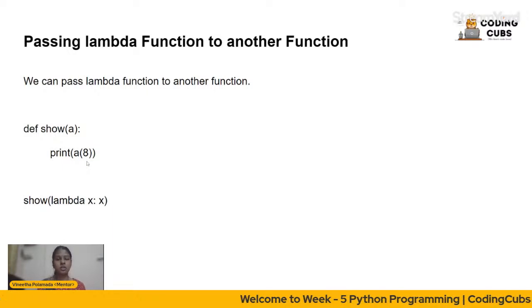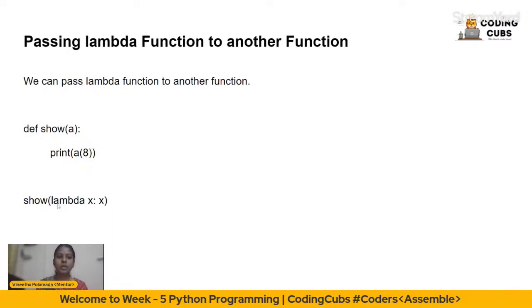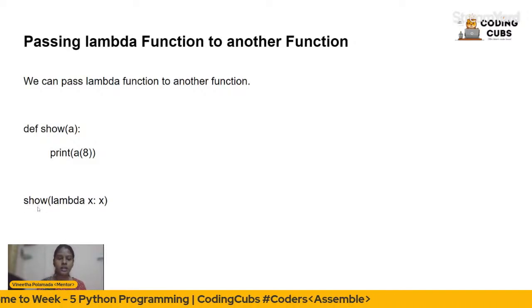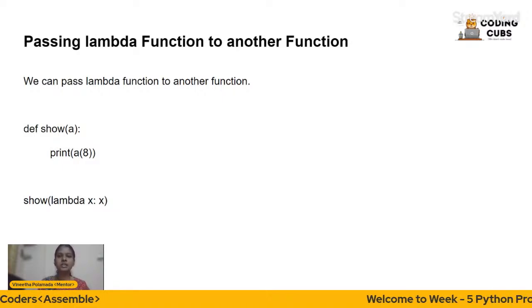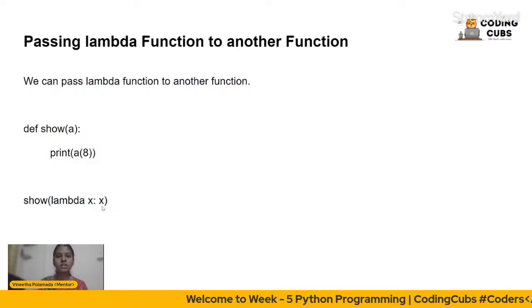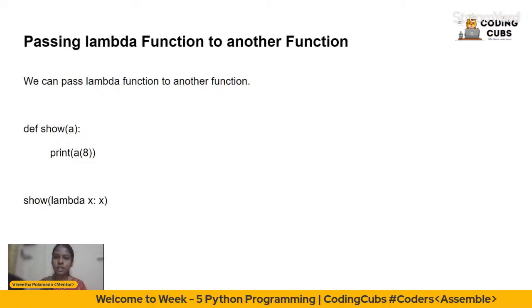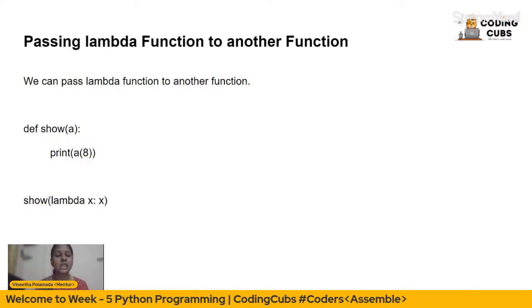What is it supposed to do? It is just supposed to print 8, right? Now, what I'm doing is writing show of lambda x colon x. This will not do anything, it will just return 8. If I write x colon x into 2, then it is supposed to return 16. You're understanding it, right?